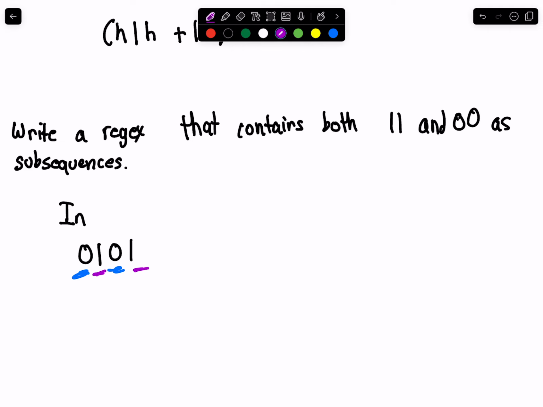Let's brute force it. So you want 0, 0 at the end. And then what did you want to do after? 0 plus 1 star, something like this.